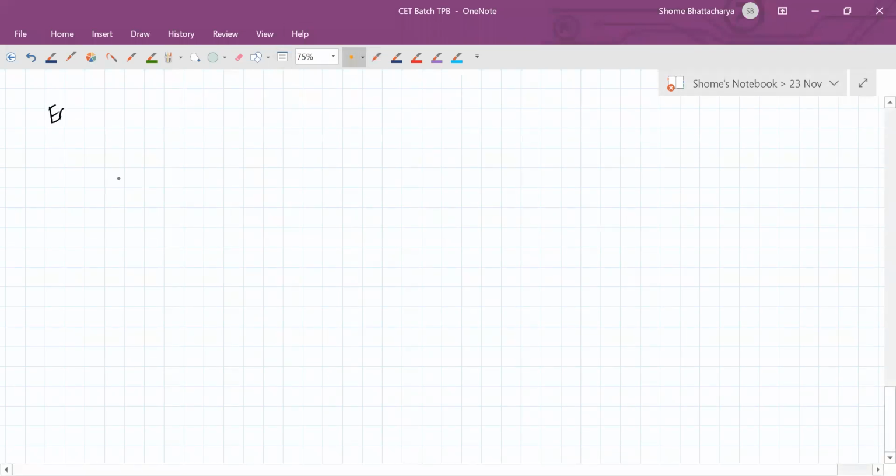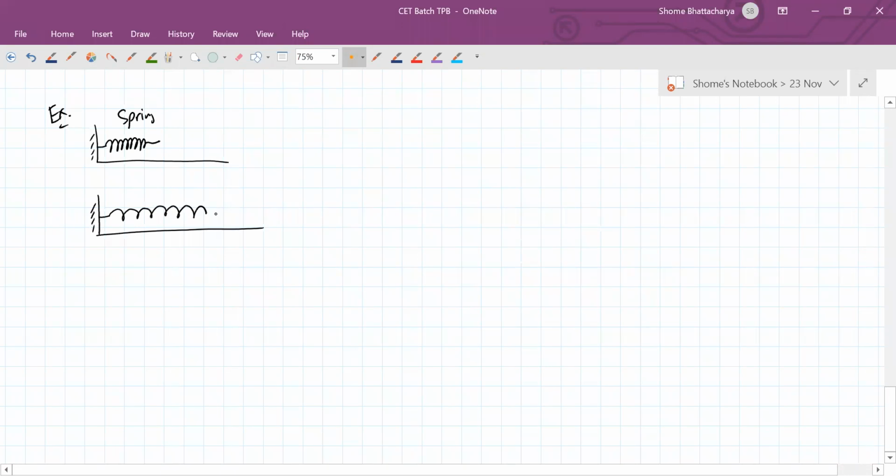Like, for example, if we have a situation like this, that there is a spring attached to a wall, and now next what we do is we stretch the spring out by applying some force to it. Okay. So what we are doing is we are pulling the spring with some force like this, but the spring will also apply a reaction force.